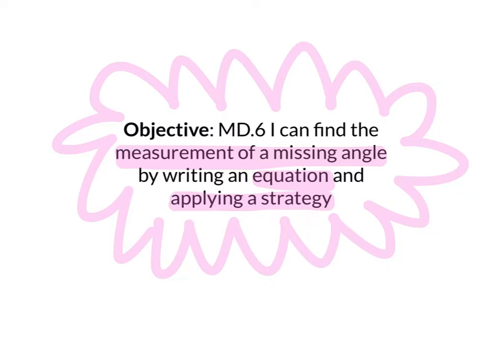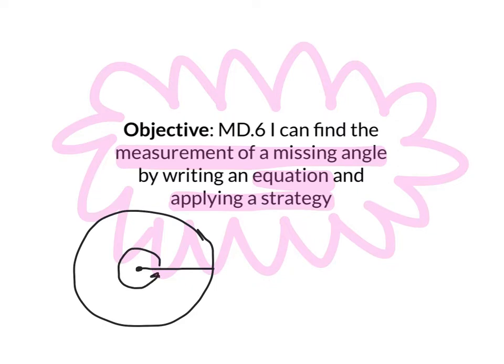So we started with a circle. When we measured the angle in a circle, we found that it equaled 360 degrees. That's a full circle.